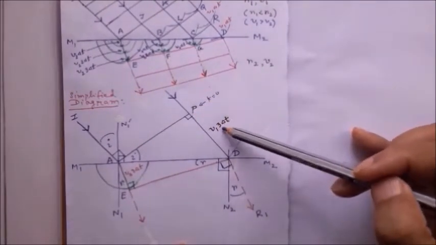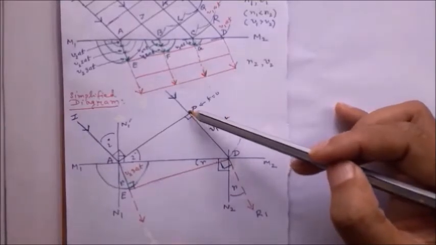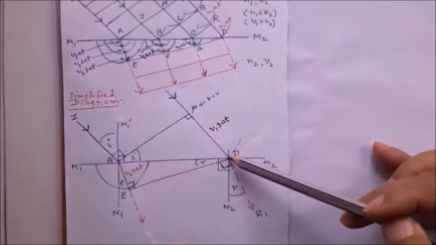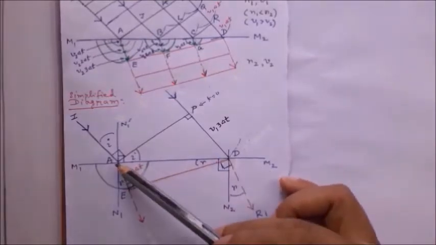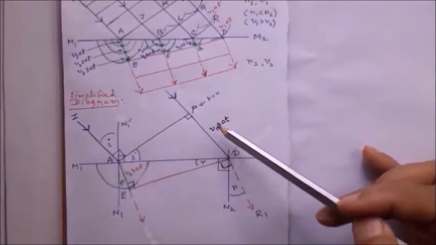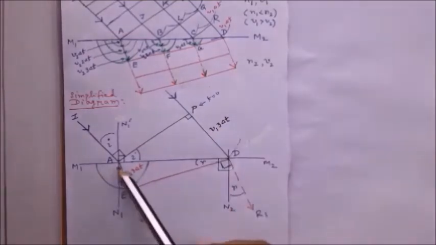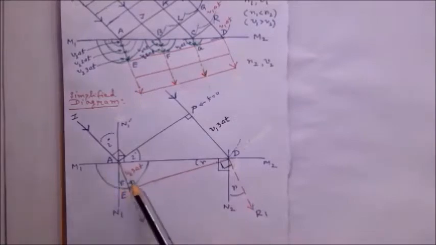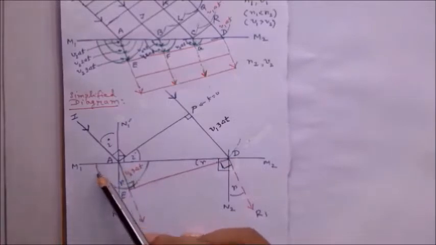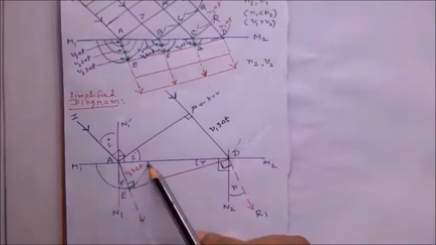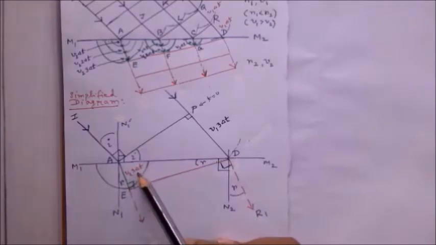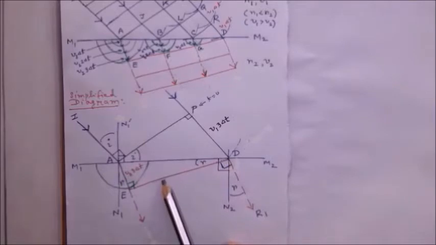After 3 delta t, the wave from P has advanced and reached D. The wave from A, in the first medium where it had velocity v1, has advanced by a distance v2 into 3 delta t in the same time, and therefore we have drawn a secondary wave sphere with this radius, and the envelope, that is the DE line, will represent the refracted wavefront.